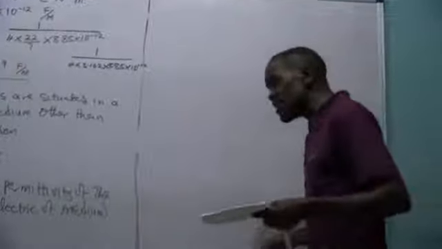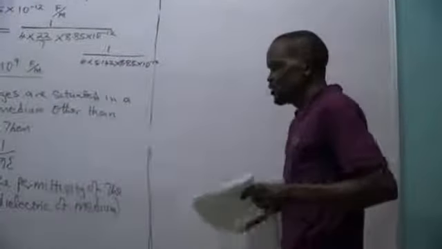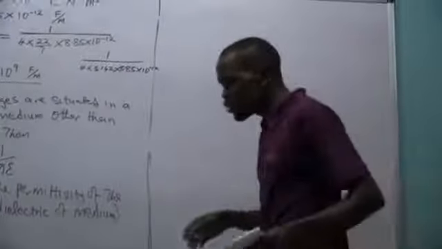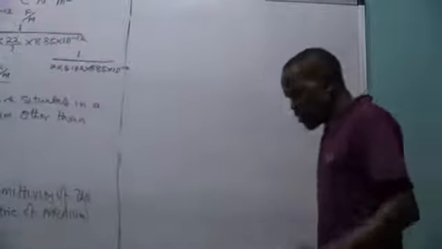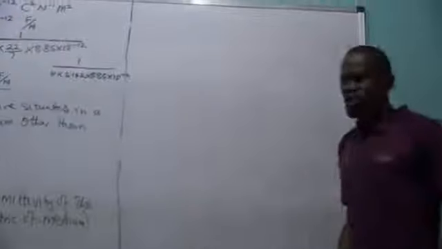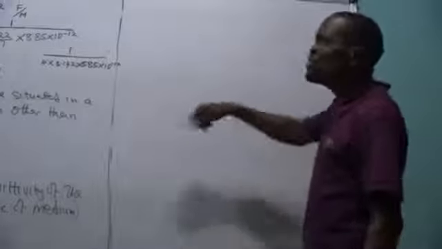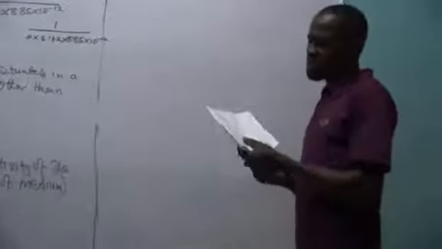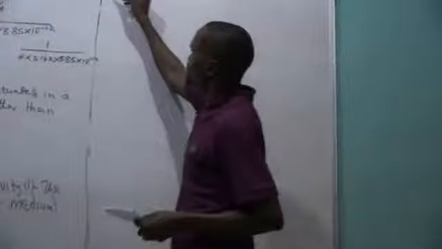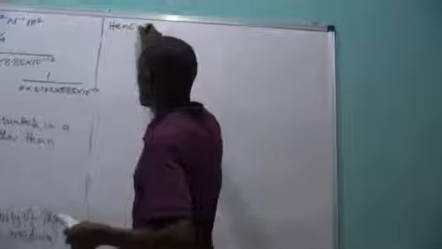Just like when you are moving on a road that is flooded, it's not the same as moving on a road that doesn't have a flood. So the force of attraction or repulsion depends on the medium where the charges are. I'm putting it here for you to copy as a note.